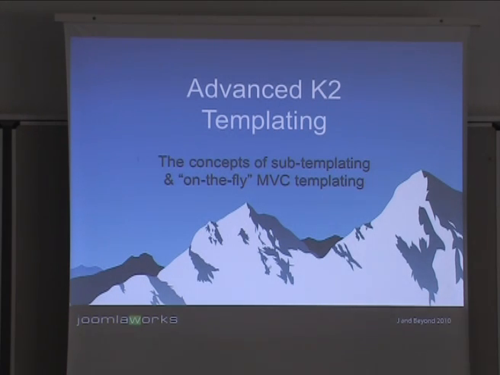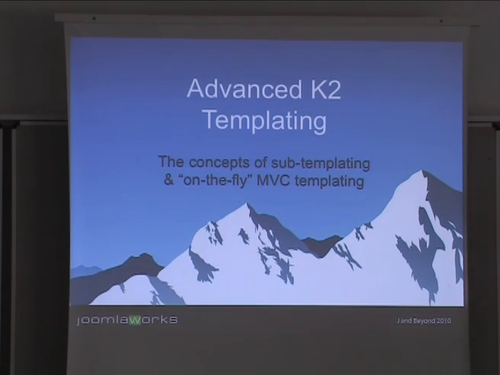Now, templating. We use two important concepts within K2 for templating. One is the sub-templating features. As you know, we can use K2 to build all sorts of content sections within a website. We can have our news, we can have our knowledge base, documentation, anything that you can imagine, a video section, whatever.